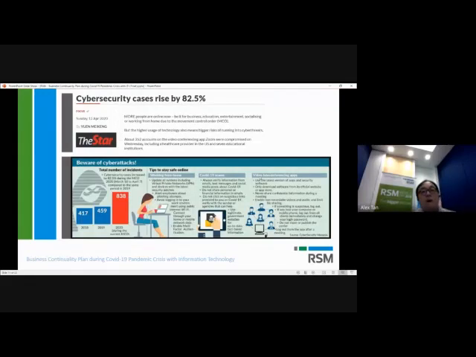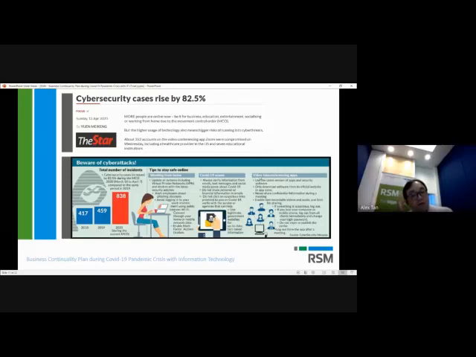The next slide we'll talk about the cybersecurity cases that have been reported to be on the rise in Malaysia, according to Cybersecurity Malaysia, which is an agency registered with the Ministry of Communications and Multimedia Malaysia, and also the National Cybersecurity Agency, which falls under the National Security Council within the Prime Minister's department.